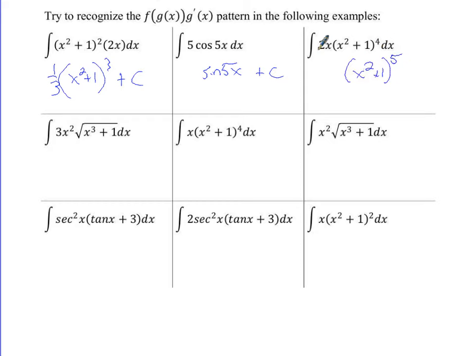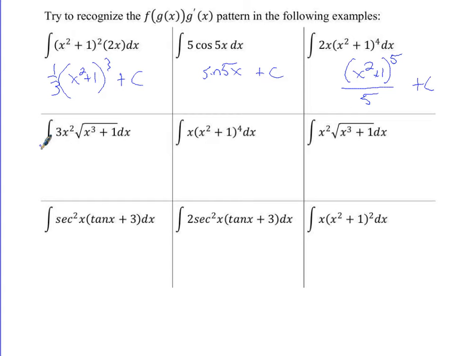I know that the 2x is going to completely disappear. But when I take the derivative of this, the 5 would be out front, which means that I need to get rid of that 5 so that I wind up with exactly this, which means I need a 1/5, or put the whole thing over 5. A couple different ways you can write that.